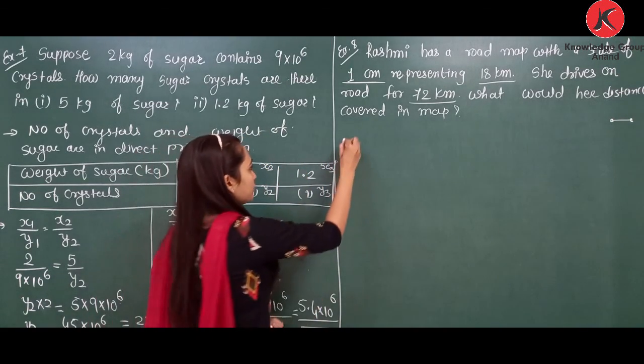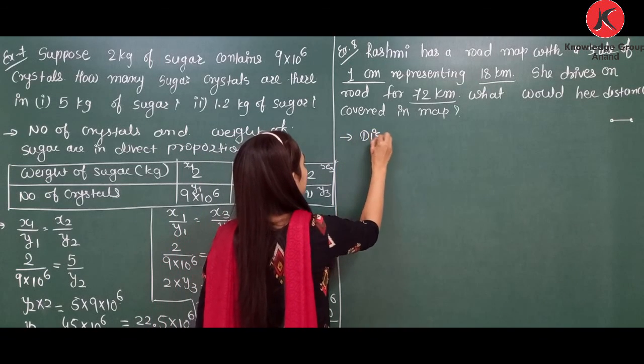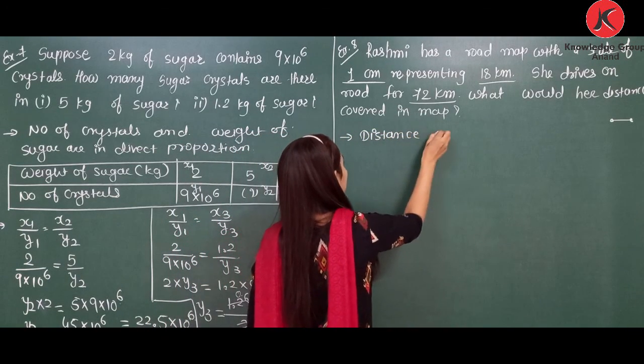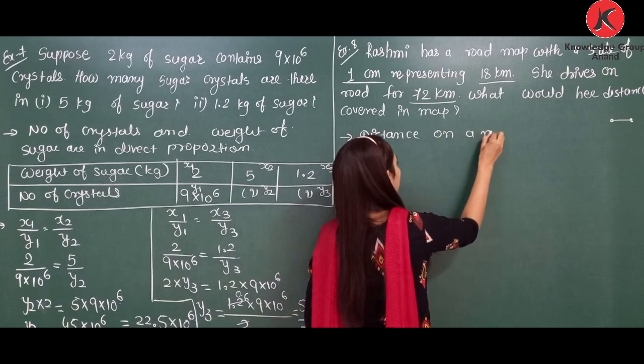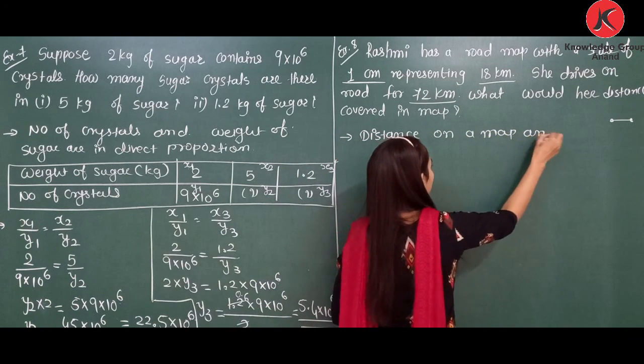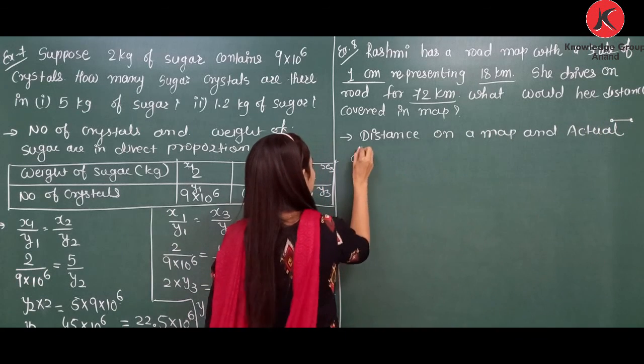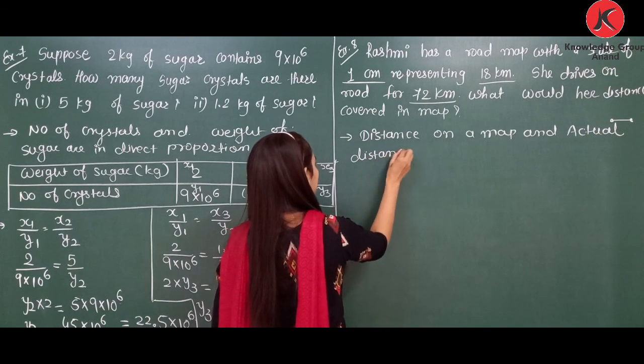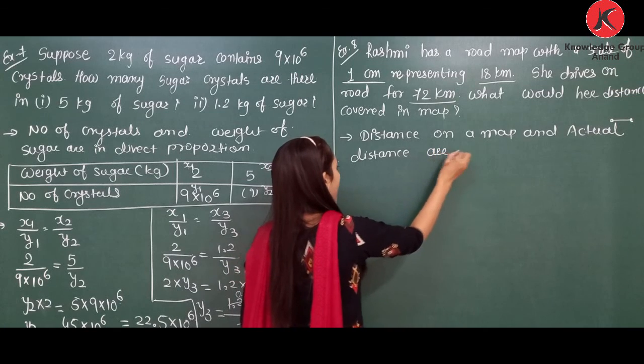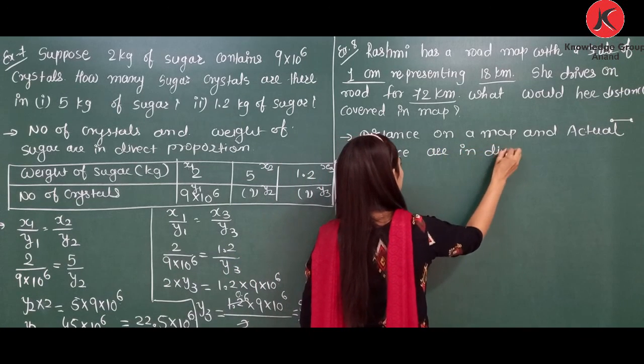So we can write, distance on a map and actual distance are in direct proportion.